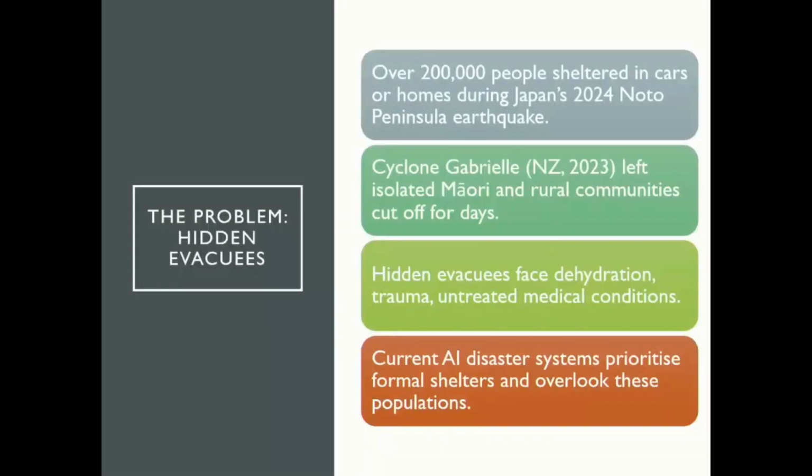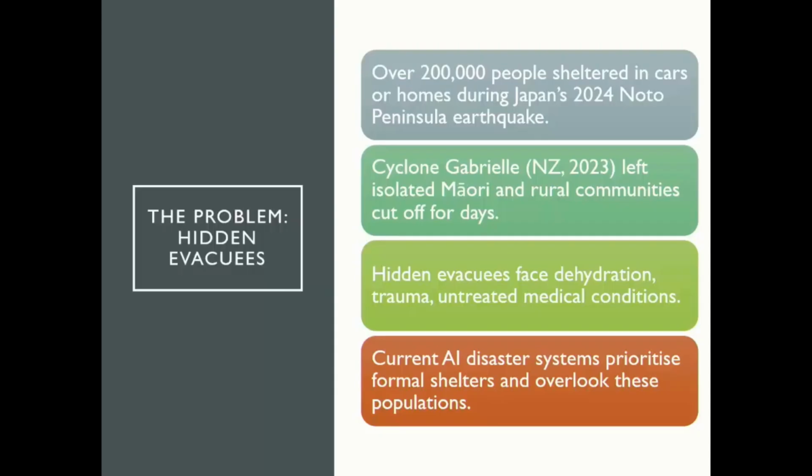The purpose of this project is to build a framework for supporting people who are staying in their cars or homes during natural disasters. This was evident when there was an earthquake in Japan, in Kumamoto City, and the Noto Peninsula in Japan again, and Cyclone Gabrielle in New Zealand, and many people were left in rural communities isolated, with power and internet connections all cut off for a few days.